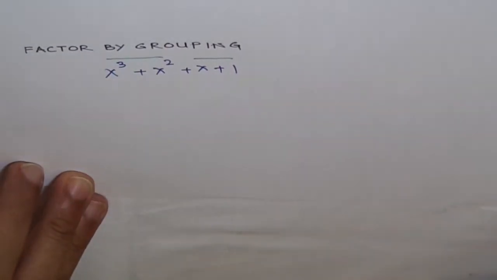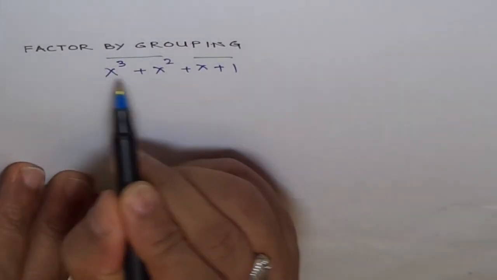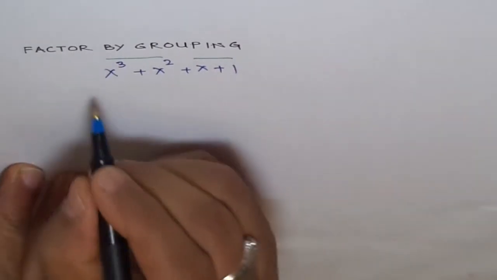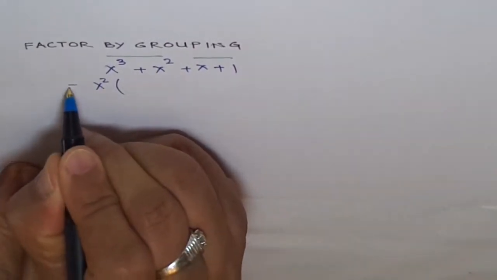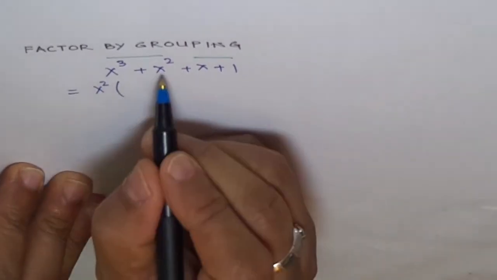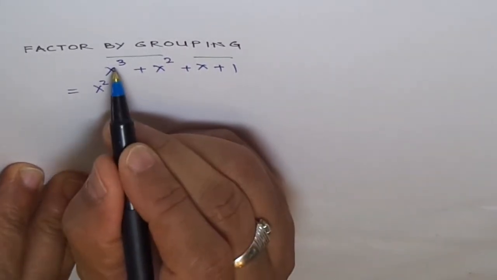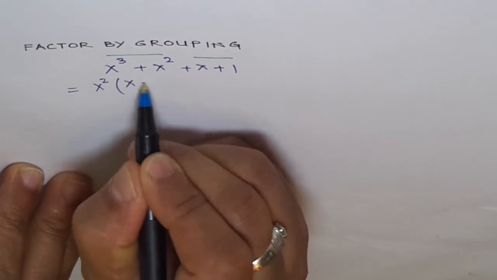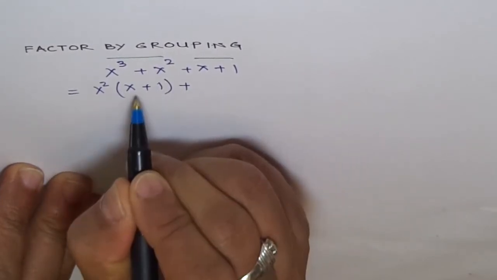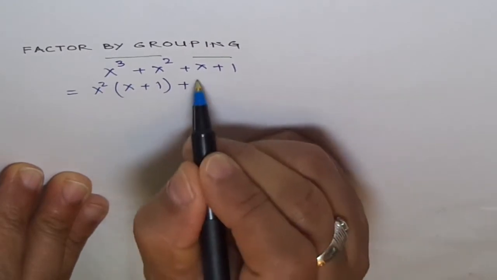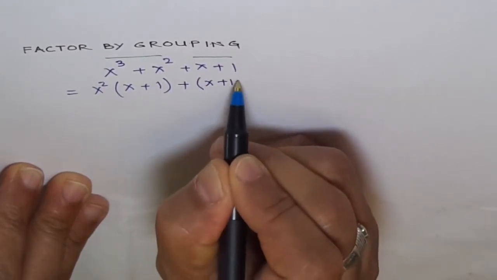Now if we do so, then here, what is the common factor? X square. So we'll take x square. So this is equal to x square, and when you take x square as your common factor, you're left with x plus x square divided by x square is just 1 plus, so we got x plus 1, which is same to this. So let's put that into a group.